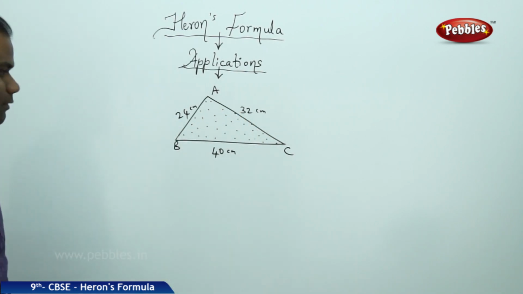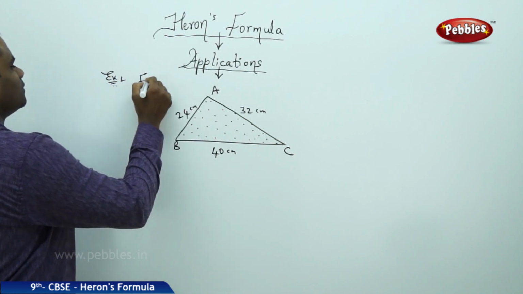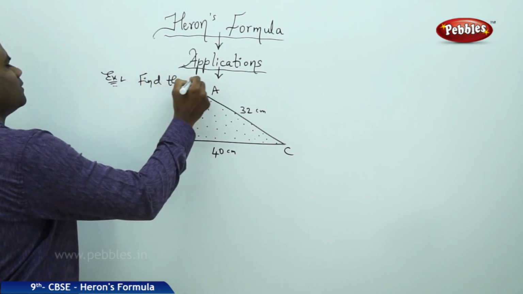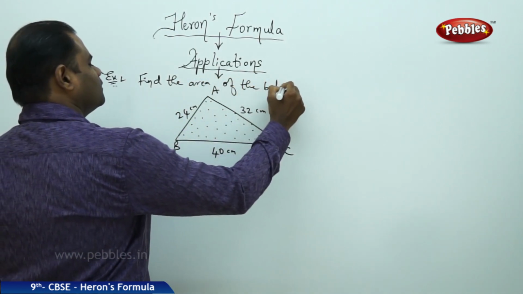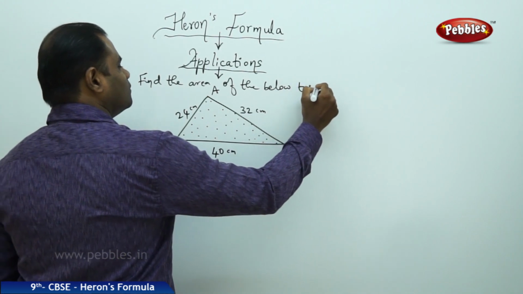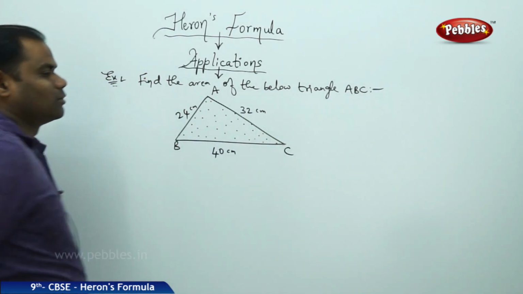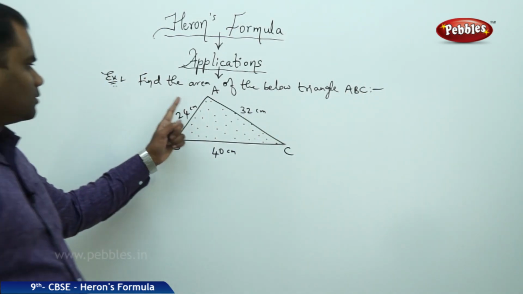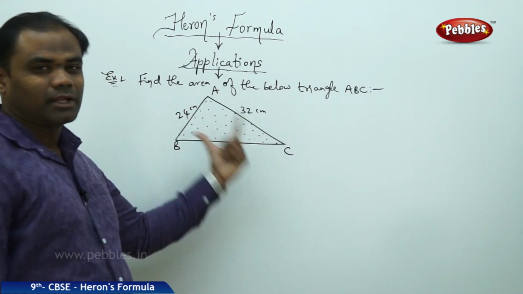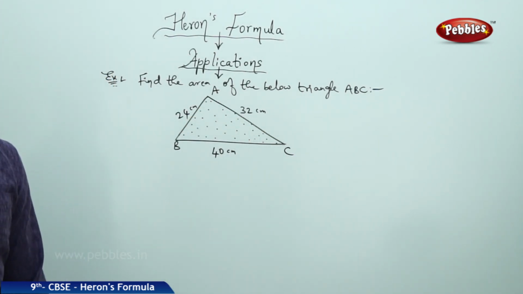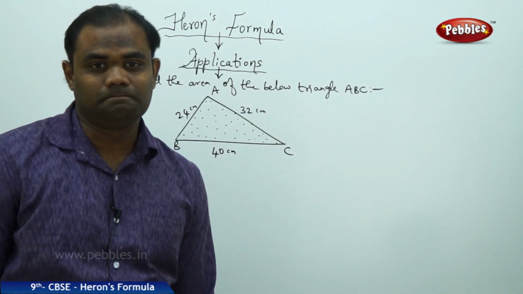So let's see how we can find the area of the triangle. Find the area of the below triangle ABC. If the question says find the area of this triangle whose dimensions are given as 40 centimeters, 32 centimeters and 24 centimeters, let's see how we can find the area using Heron's formula.